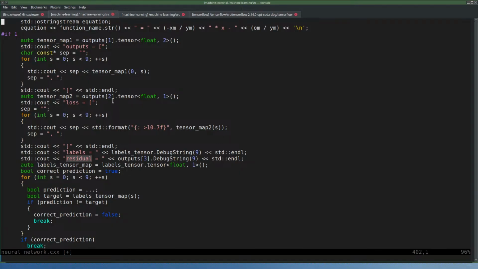Output also returns a tensor. I'm literally making a map here as well. Thought it was different.